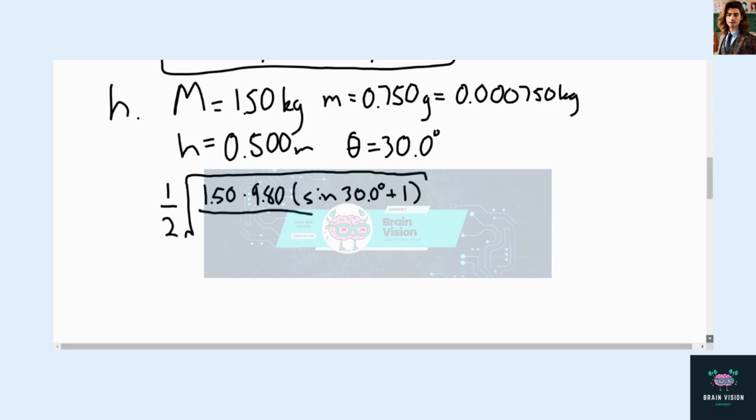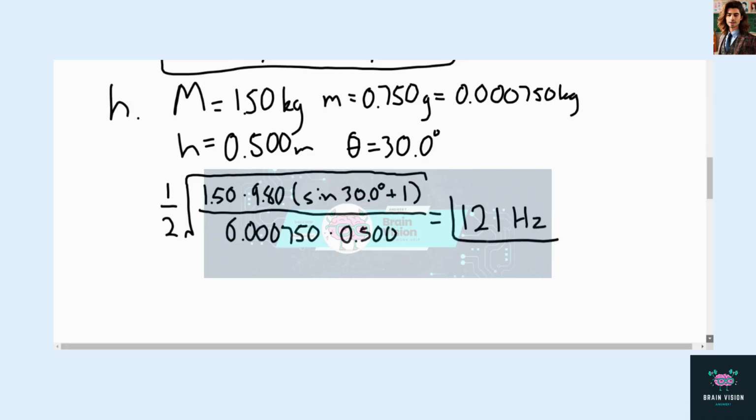And then in the denominator of our square root, we have little m, 0.000750, times height, 0.500. And you plug that into your calculator, and you should get the result of 121 hertz as our fundamental frequency for the vertical part of the string.